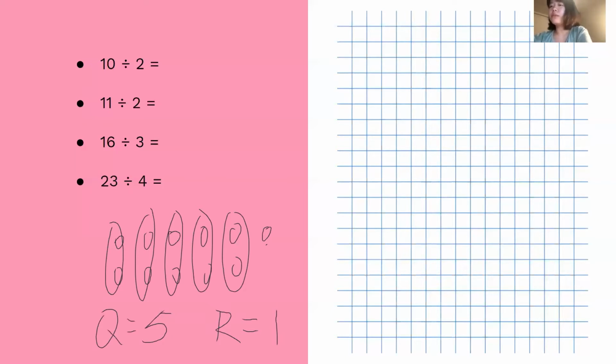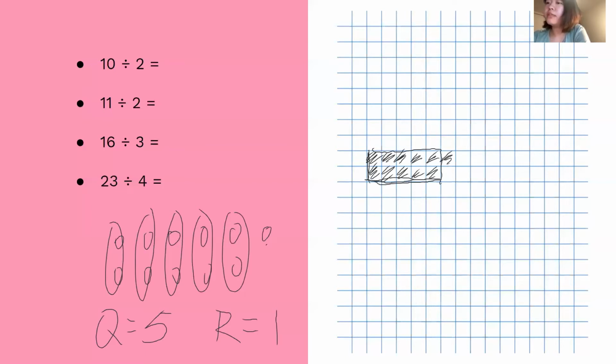And for the area model, we will do the same thing as what we're doing right here. So start with 2 first, 3, 4, 5, 6, 7, 8, 9, 10, and 11. So we can draw one rectangle like this. As you can see, we have a rectangle right here.